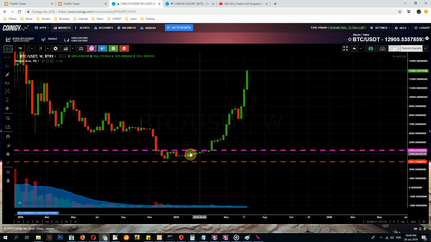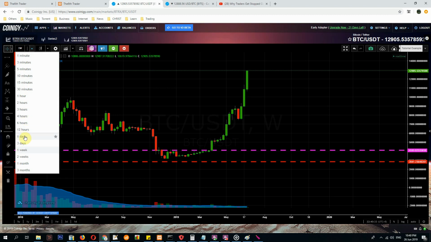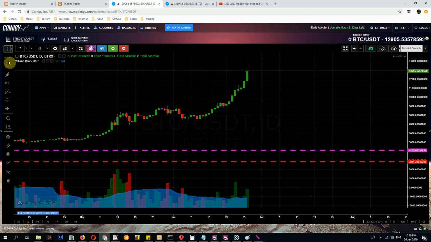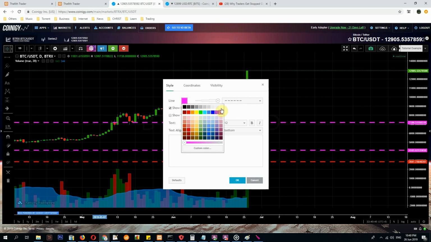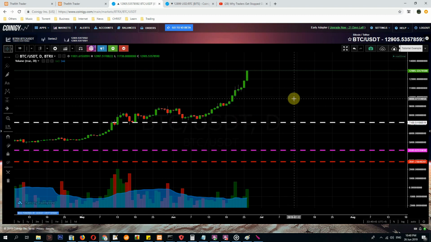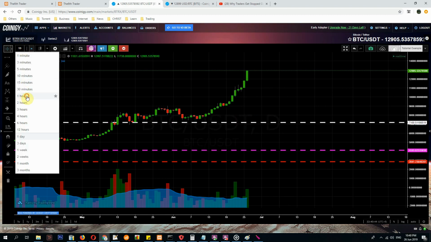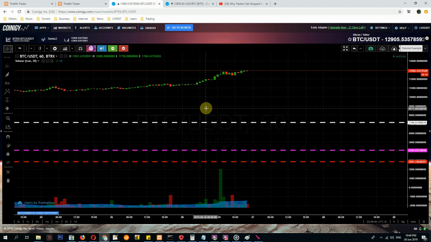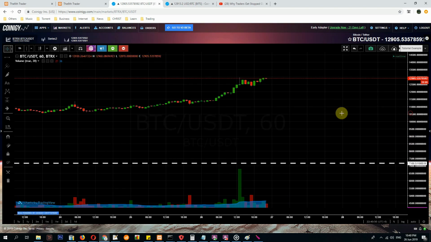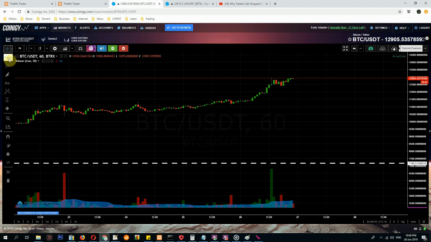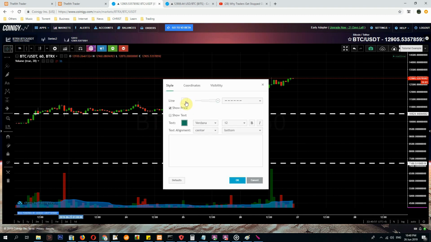When it comes to daily time frame, white ang color. When it comes to hourly time frame, mao na ni siya ang gigamit ni Monday. He trades by the hour. So blue, and dili siya broken line.